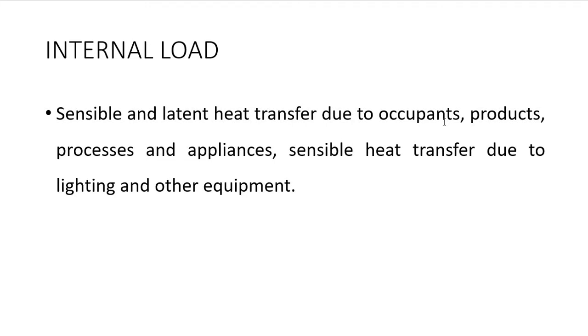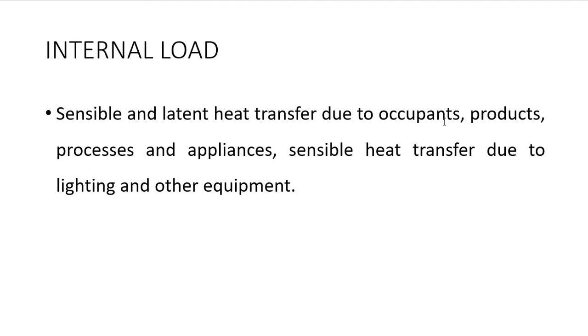We are continuously emitting heat. So if the number of occupants is more, there will be more heat generation inside that room. So that heat has to be removed. As well as products: if some products are at a high temperature, they have to be cooled. And process and appliances.